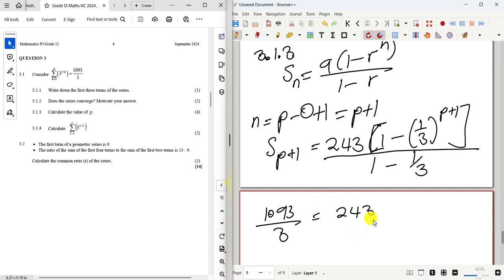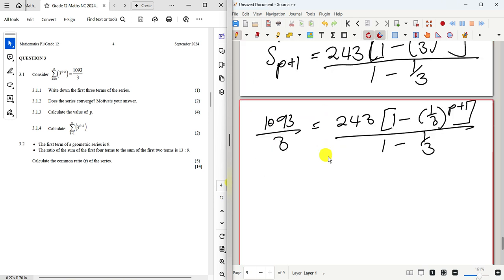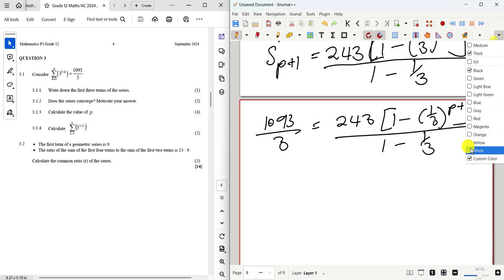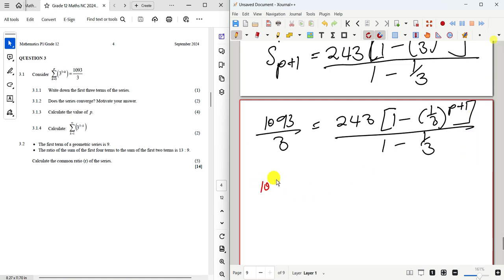Maybe not as yet, let's leave it like this for now. On your calculator, guys, I want you to be writing this: 1093 over 3 divided by 243 over 1 minus 1 over 3.